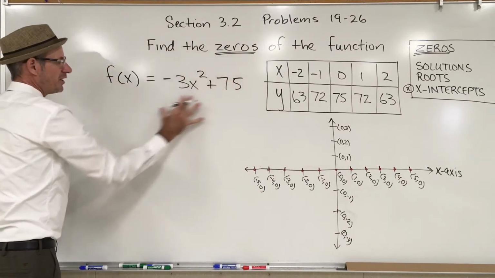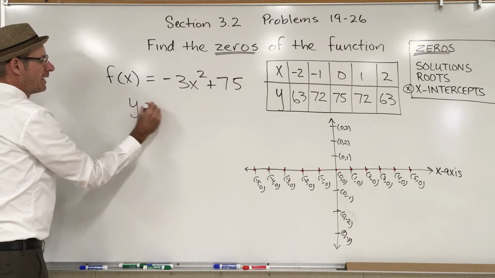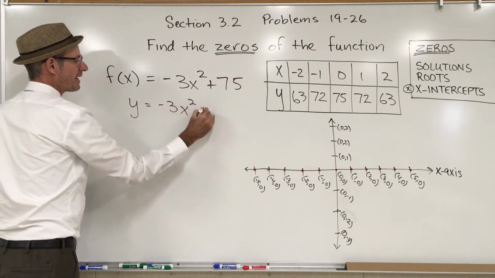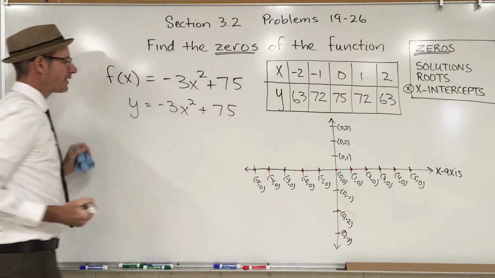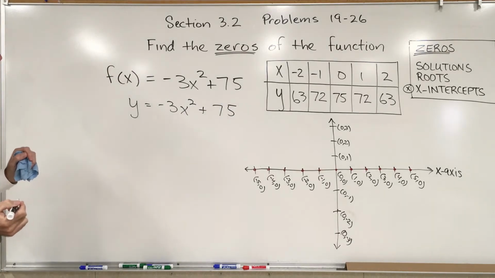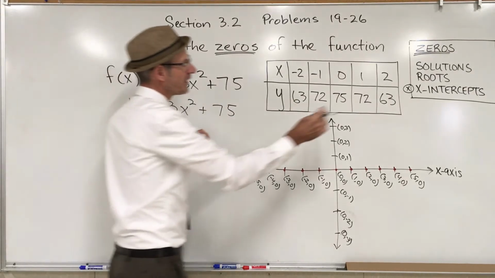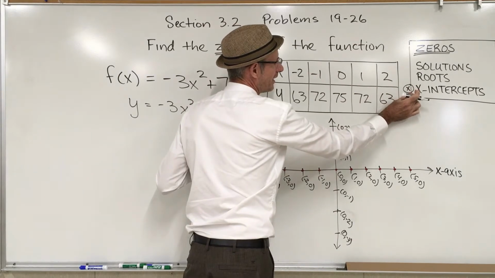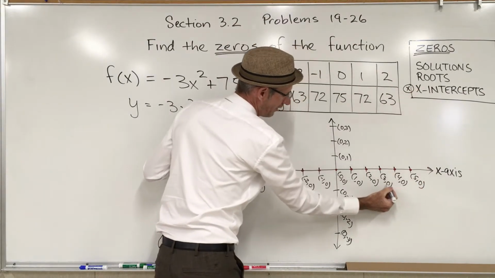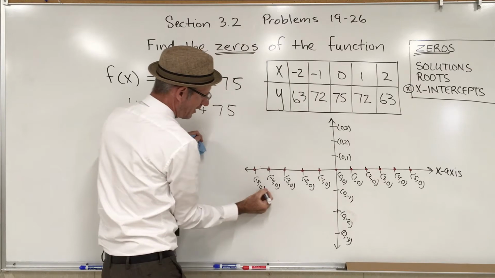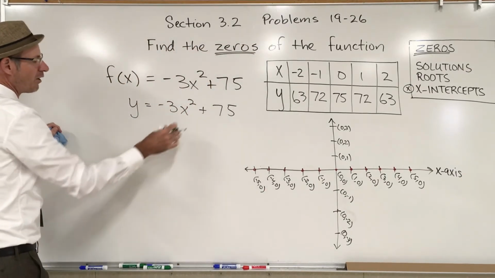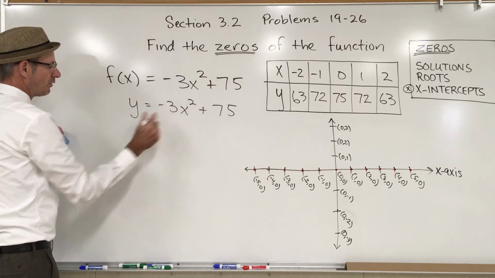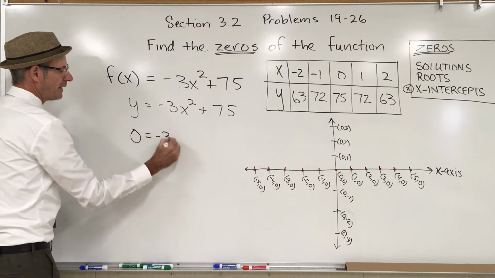So this is function notation. Here's what the equation would look like if it wasn't written in function notation. And we know that if we're looking for the x-intercepts, then our y value is going to be 0. So we really want to know, what is our x value when our y value is 0?